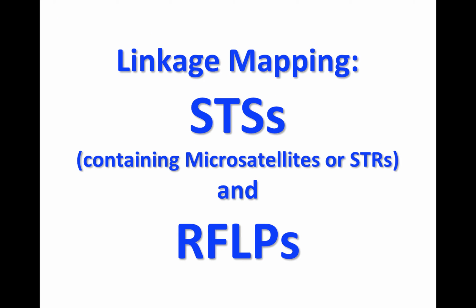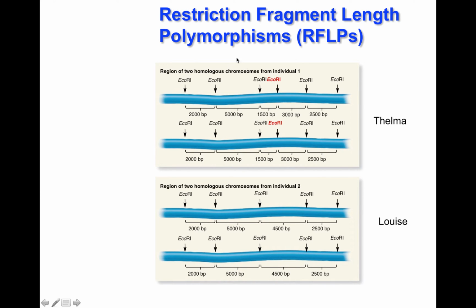Linkage mapping can also be undertaken with sequence tag sites containing microsatellites or STRs, and RFLPs. RFLPs are restriction fragment length polymorphisms. Here we have a segment of a chromosome that is showing all the different sites where EcoRI restriction enzyme will cut the DNA. We have DNA from Thelma and we have some DNA from Louise.